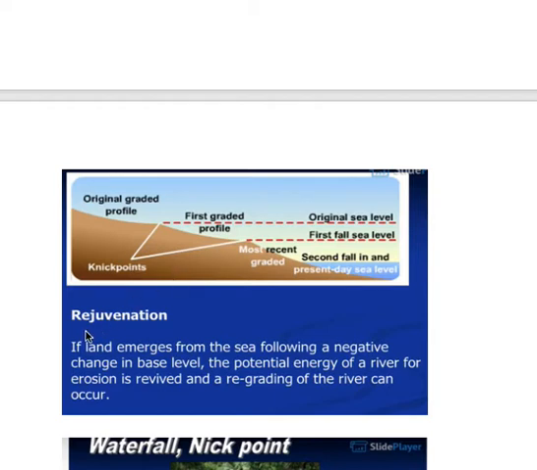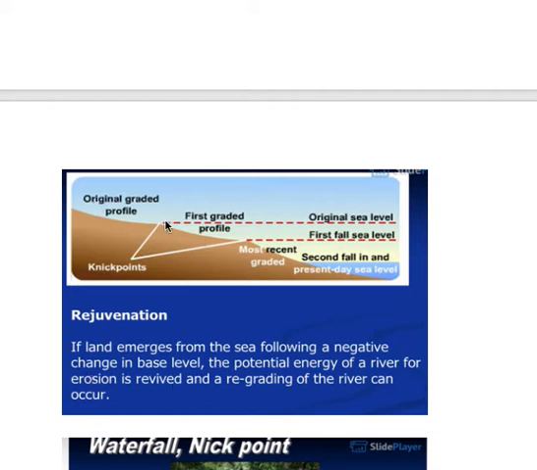Okay, now let's see rejuvenation. If land emerges from the sea following a negative change in base level, meaning the base level has changed negatively, the potential energy of the river for erosion is revived.